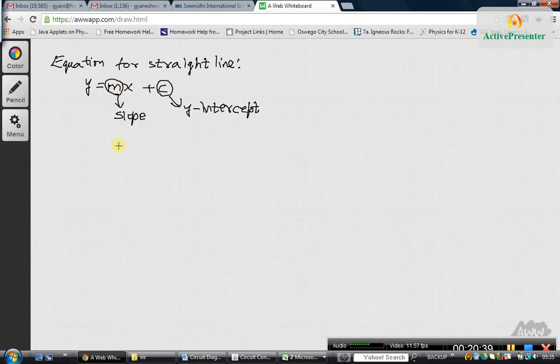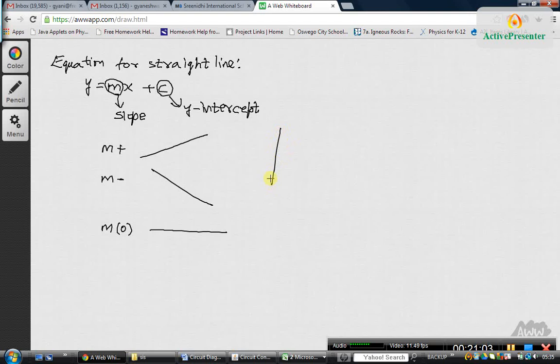So if m is positive, the inclination should be like this. If m is negative, the inclination should be like this. If m is 0, it should be horizontal. Okay, and whatever is the c value, through that point on the y-axis the straight line will pass.